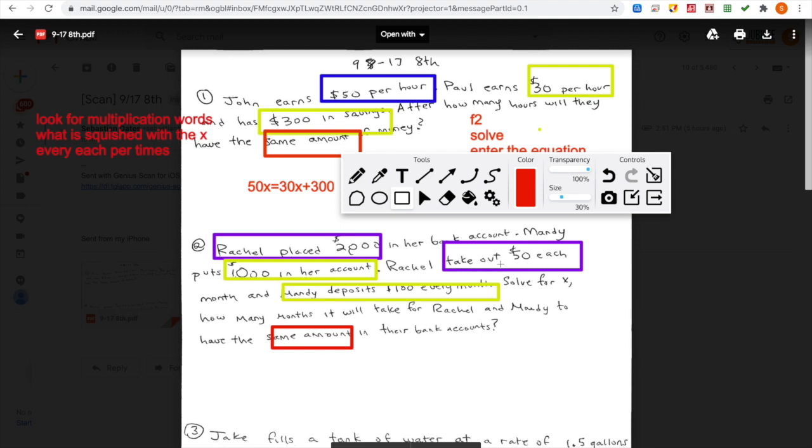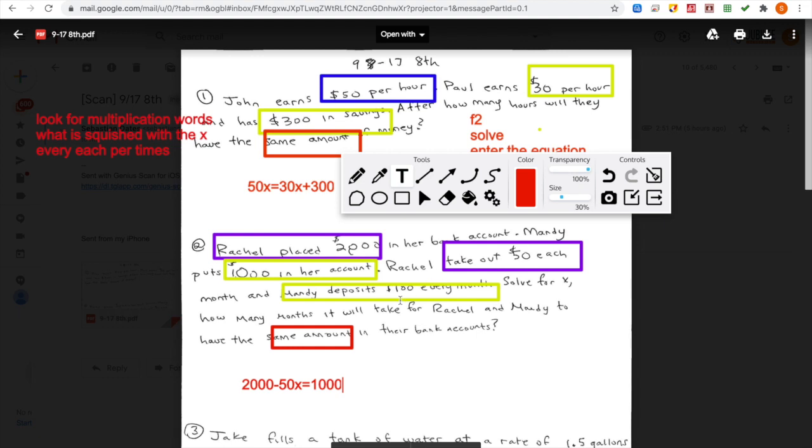Well, if I have $10 in my bank account and I take out $2, I'll have $8 in my bank account. So it went down. So if we're taking out money, we're going to be subtracting. So we're going to take Rachel's $2,000. We're going to subtract 50 times however many months it's been. And that's going to be equal to Mandy's $1,000.